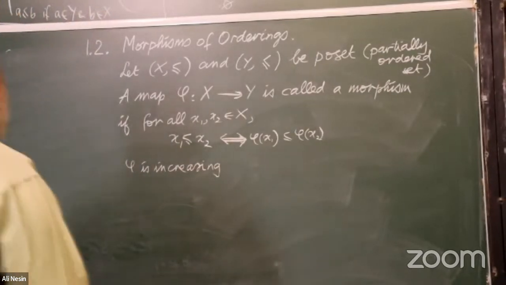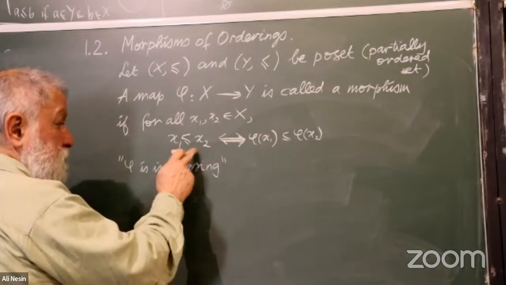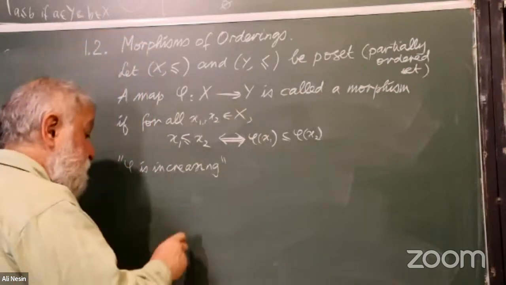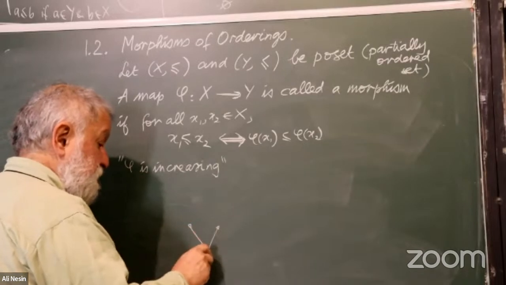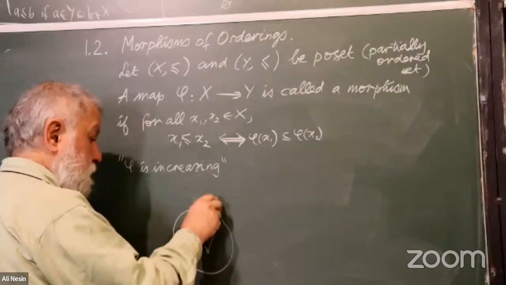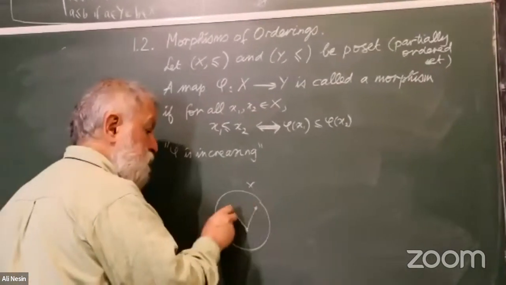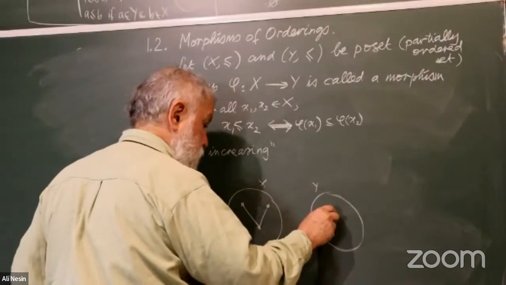For example, it doesn't reverse the orders. It keeps it. Example: take X to be an ordering like this. This is larger than this. This is larger than this. But these two are not comparable. Take Y here to be this only.